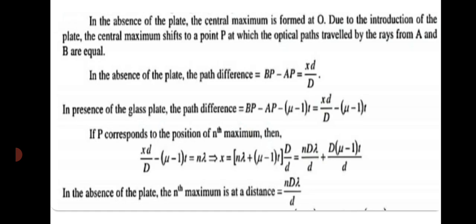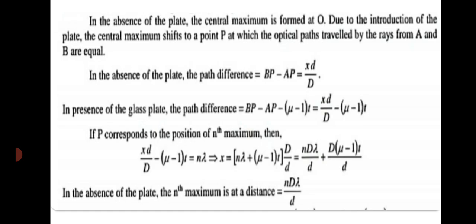In the absence of the plate, the path difference BP minus AP is equal to xd/D. In presence of the glass plate, the path difference BP minus AP is equal to xd/D minus (mu minus 1) t.